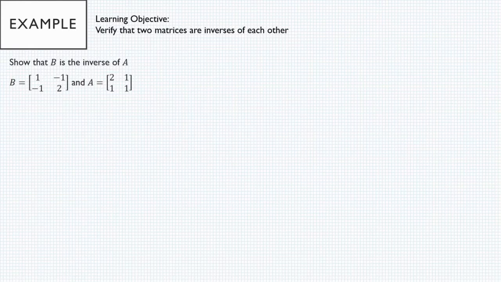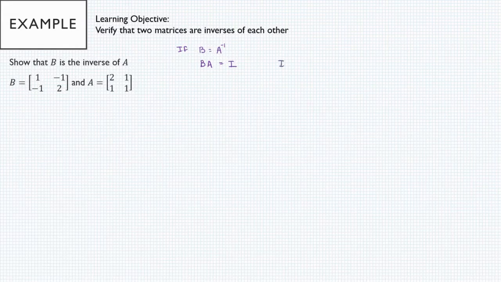To show that it's the inverse of A, so if B is equal to the inverse of A, that means B would be equal to A to the -1 power, that would mean that multiplying B and A together will give us the identity matrix.